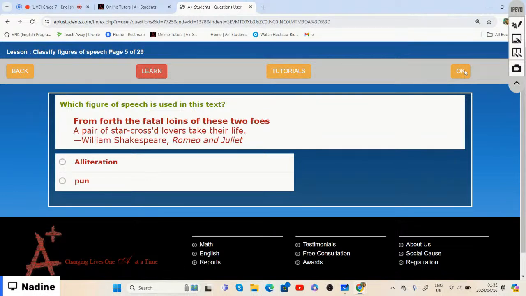Then, which figure of speech is used within this text?